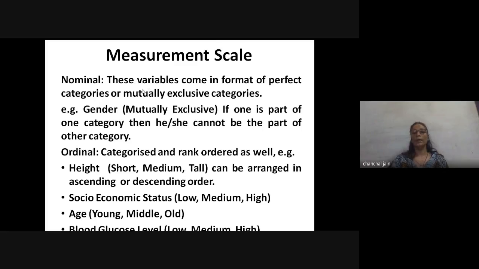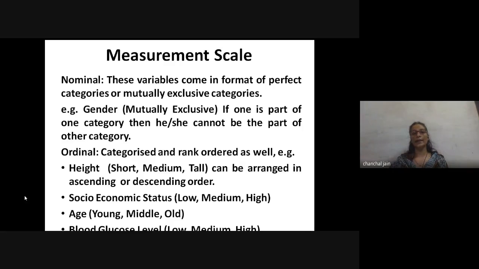But the ordinal scale has the specialty of the nominal scale as well as its own specialty, that is rank order. Here is an example. Suppose there is a variable that is height. Generally we measure height in terms of meters, inches or something. But here, for understanding purposes, I am measuring height in terms of short, medium and tall.